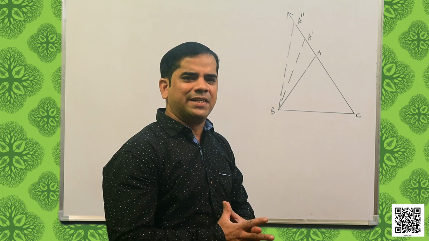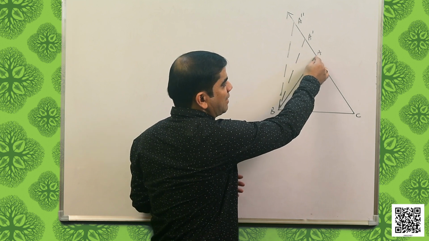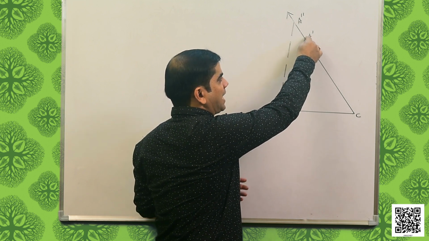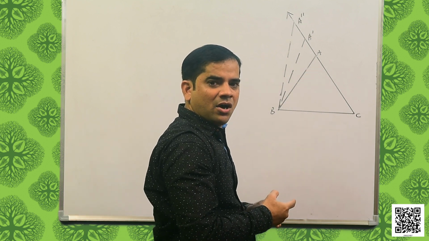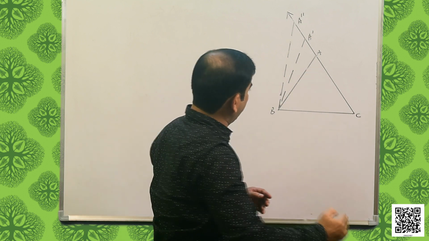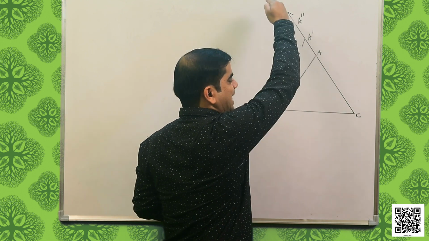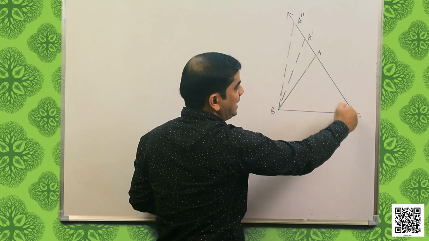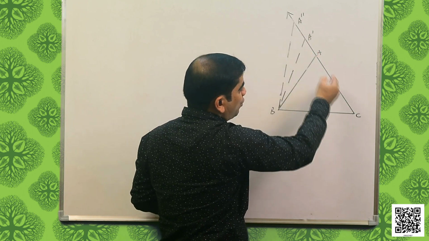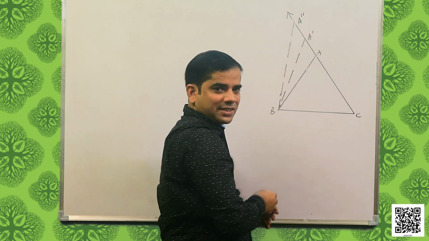Now shift the pencil from A to A dash, on CA. So you need to maintain the direction of CA, on that line CA, and shift the pencil up to point A dash.